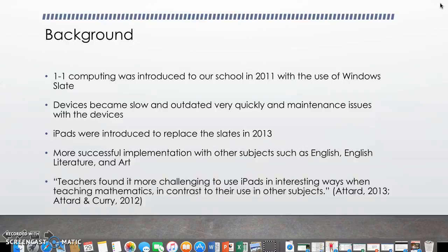The new iPads were lighter and students had a better experience, not only the students but also the teachers as well. As such, it was easier for us to implement tasks and activities using the iPads. We see very interesting activities conducted by other subjects teachers, such as English, literature, art, and other humanities subjects.